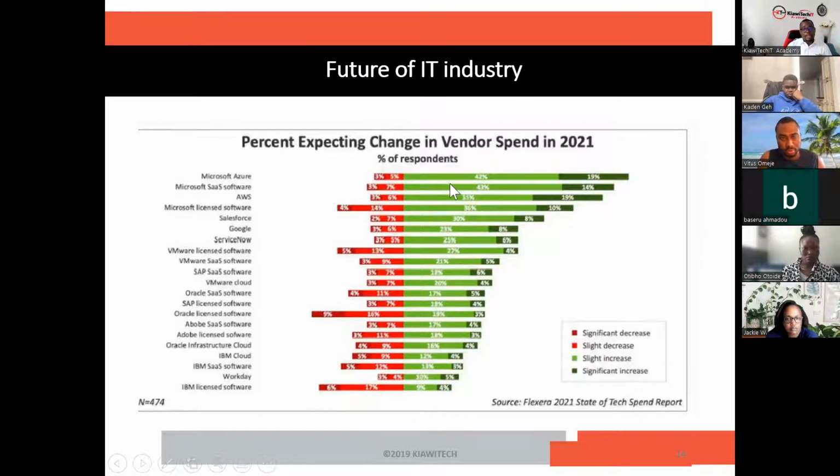You see that Microsoft has a significant increase by 19% and a slight increase in spending by 42% with a very minute decrease. So this shows you the percentage expected change in vendor spending, meaning how much the vendors are willing to spend to acquire services provided by this company. We have AWS as well, but you see that the highest is leading by Microsoft Azure, and so on.